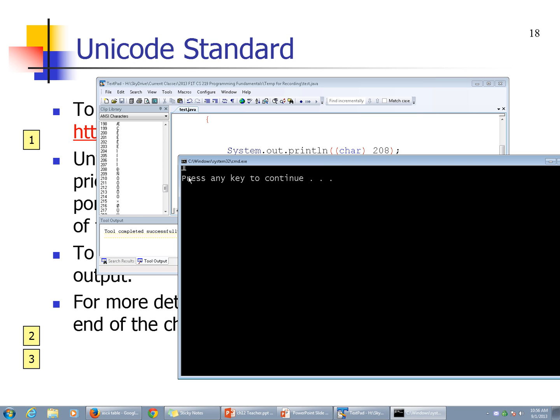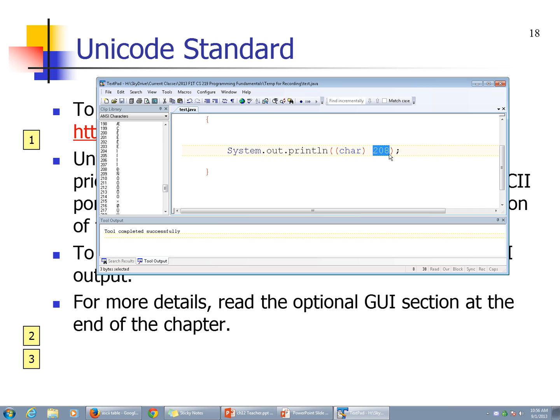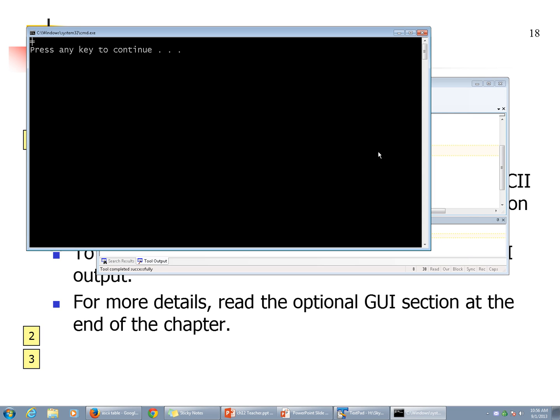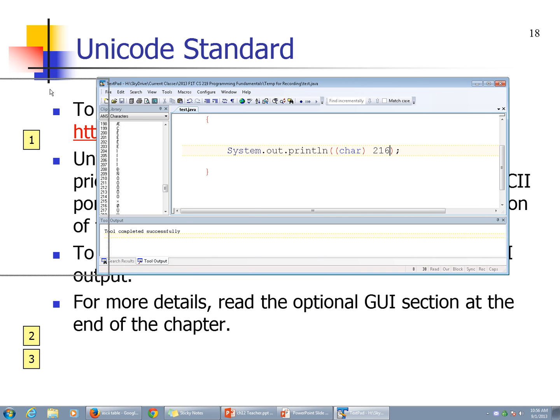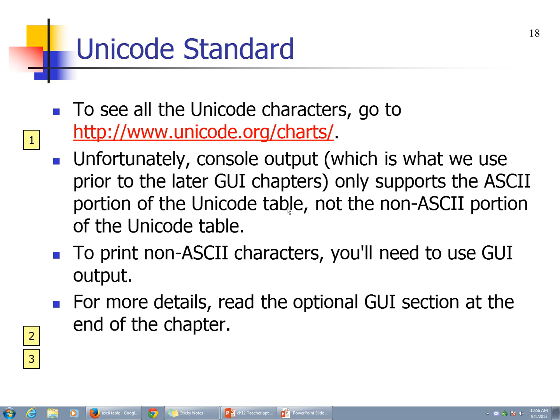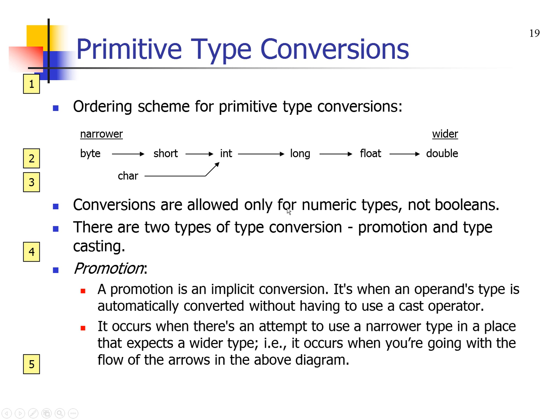I don't know what that is, but it's not being printed correctly. Let's try 216. And we get that. Again, 216 should have been this funky O, but we get this other thing. So some of the characters just can't output correctly. Now let's talk about type conversion. We can convert back and forth.